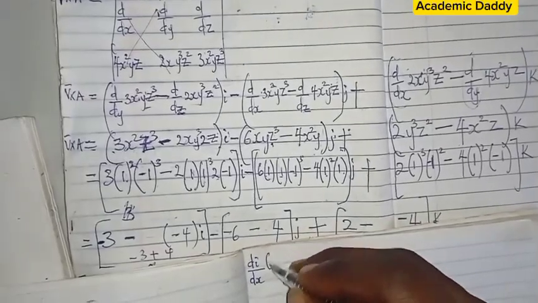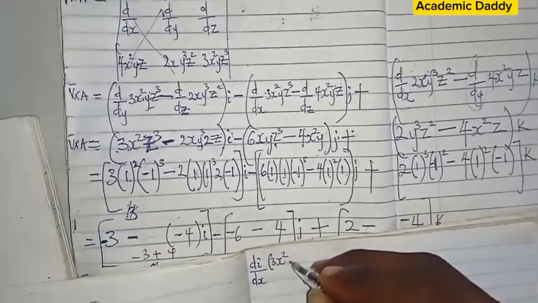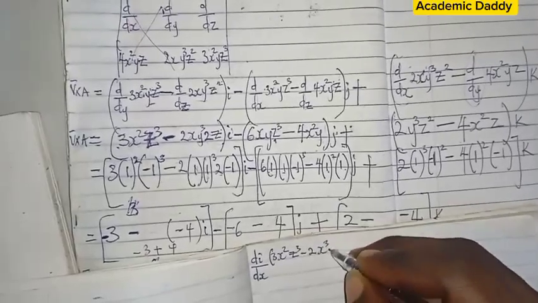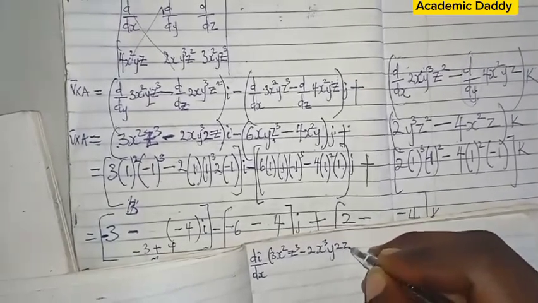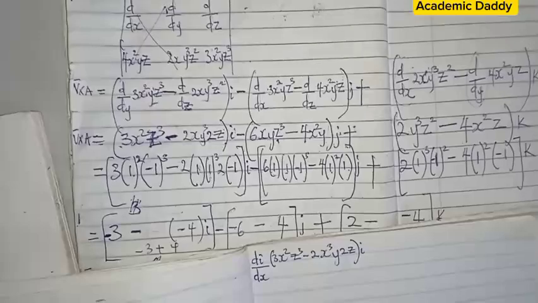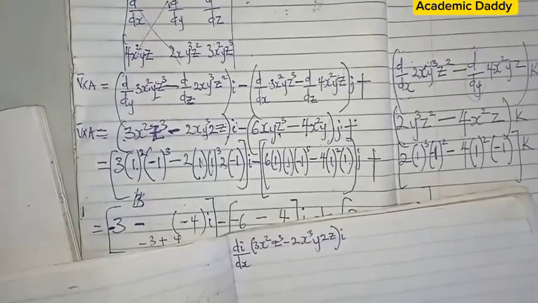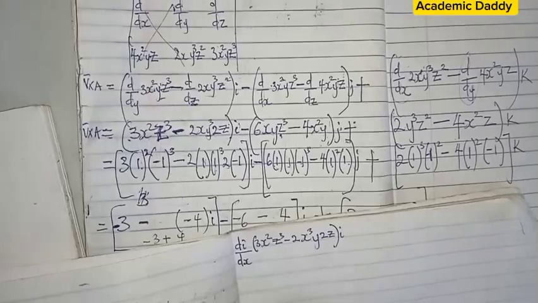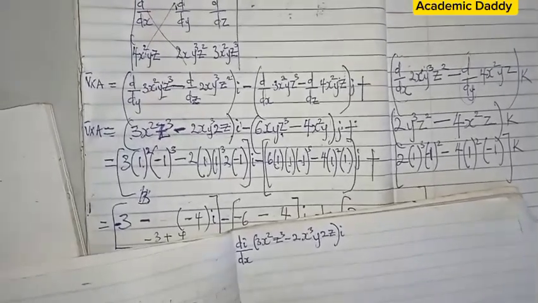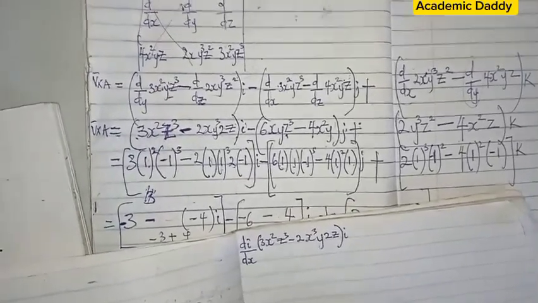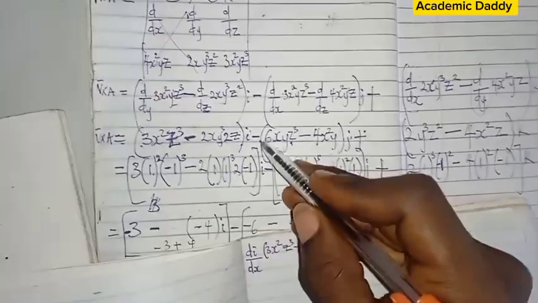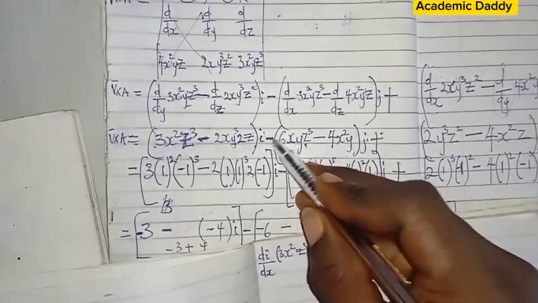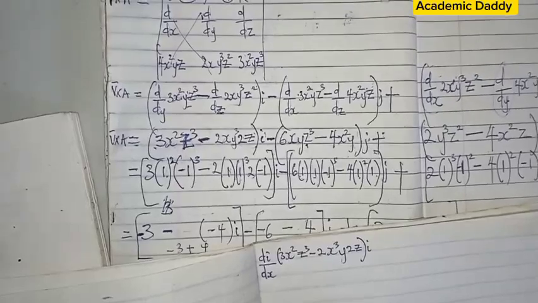It's going to be 3x²z³ minus 2x³y²z i. Then for the j part, the ∂/∂y, notice there's a minus sign here, very important. This minus sign can put you in trouble.